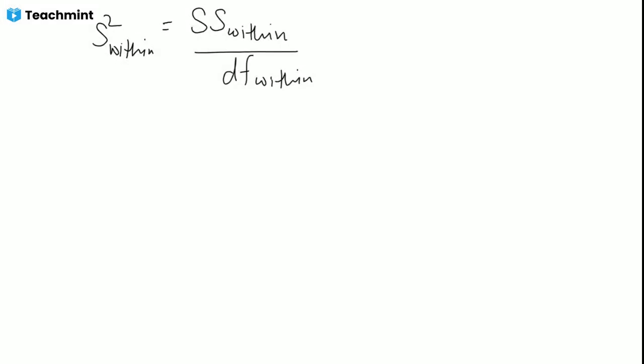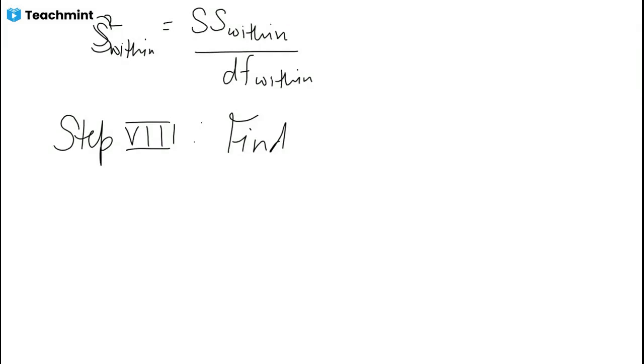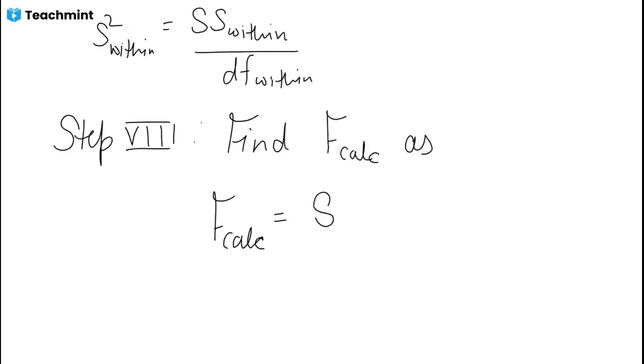Now in the next step, step 8, find F calculated, which is equal to s square between over s square within.